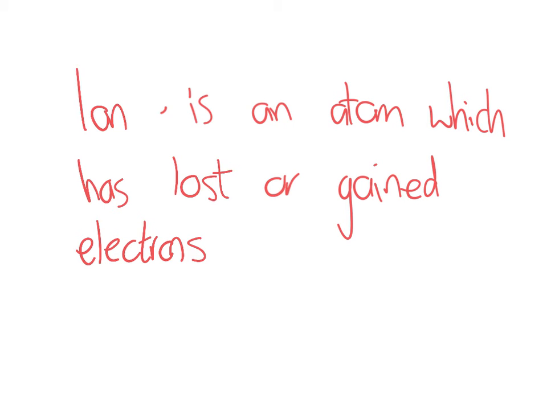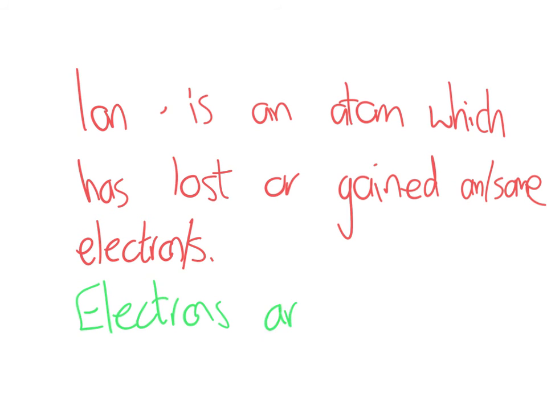Now it could actually be plural, so I'm going to add in there an 'or some', because it could be 1 or it could be more. So an ion is an atom which has lost or gained an electron or some electrons. And just remind yourselves, electrons are negative.